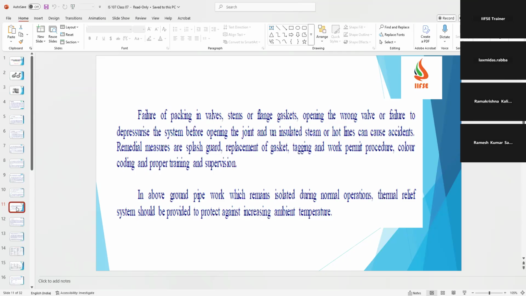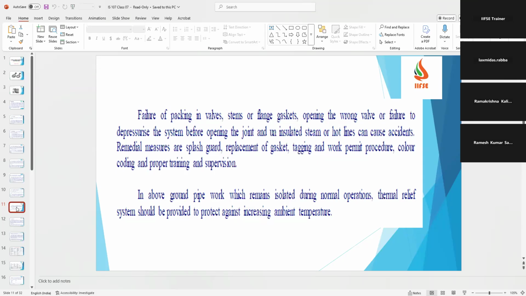Even packing failure in the valves, stems, or other gasket areas will lead to accidents. Remedial measures are splash guards, replacement of gaskets, tagging, work permit procedures, color coding, and proper training and supervision.